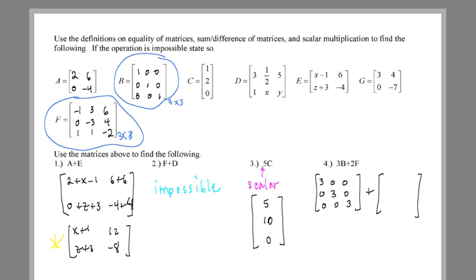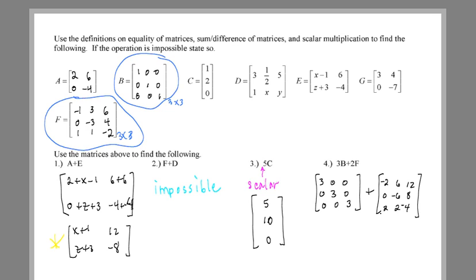So F times 2. Everything in here times 2 would give me negative 2, 6, 12, 0, negative 6, 8, 2, 2, 4. Let me go back and check it. Everything here by 2. Negative 2, 6, 12, 0, negative 6, 8, 2, 2, woohoo, lost a sign, negative 4.